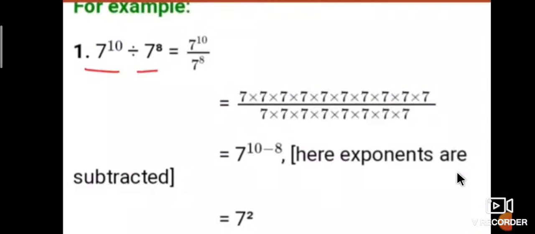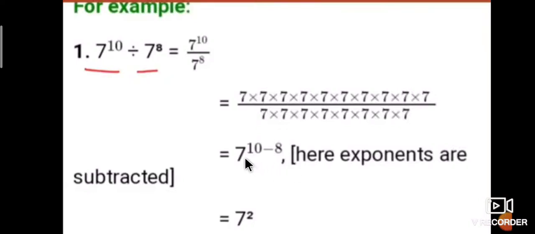According to this, divide 7 to the power of 10 by 7 to the power of 8. 7 to the power of 10 means 7 into 7, up to 10 times. 7 to the power of 8 is 7 into 7, up to 8 times.